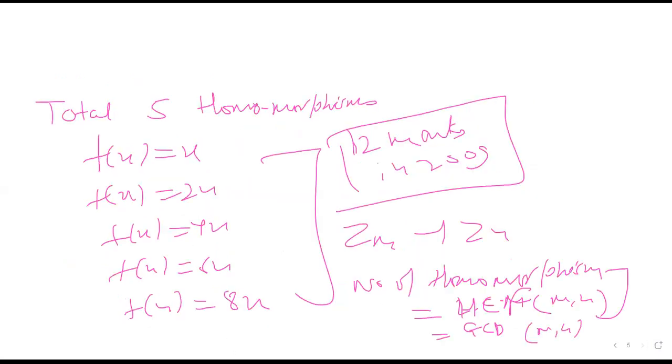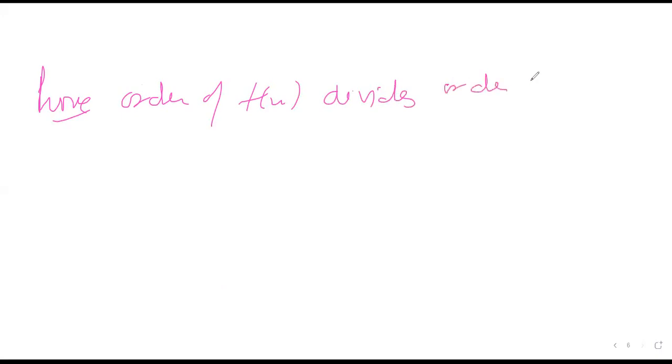That is the way. Now let's see the proof: the order of Fx divides the order of G in a homomorphism from G to G dash.